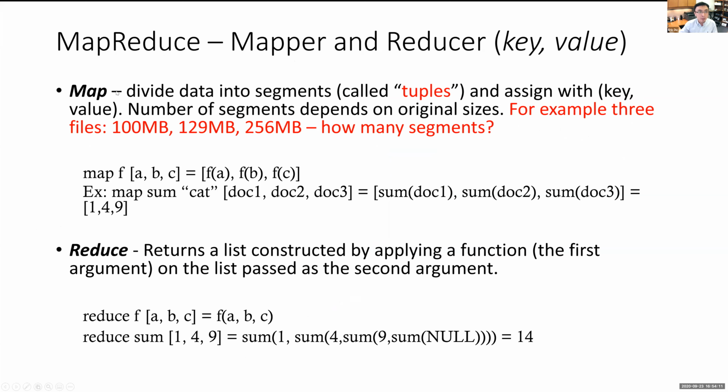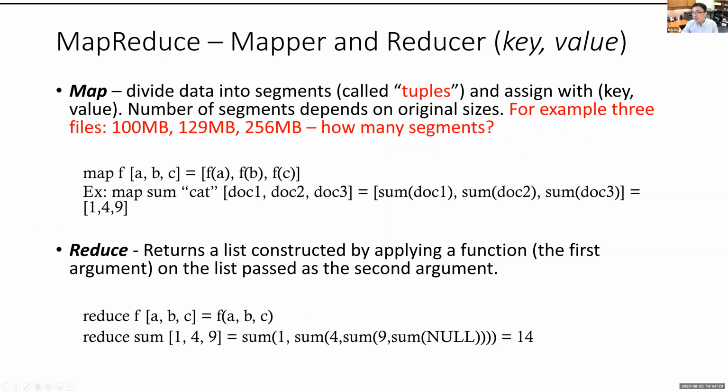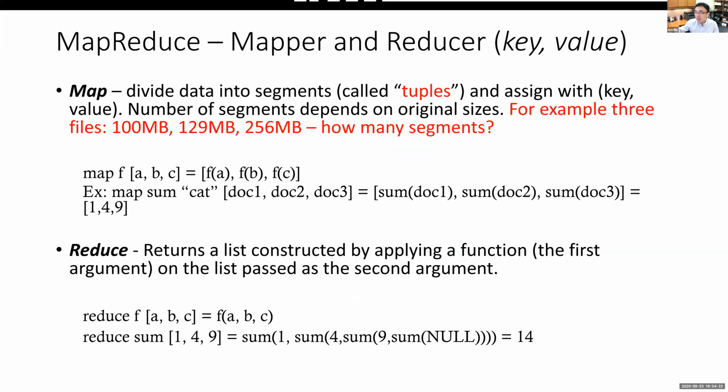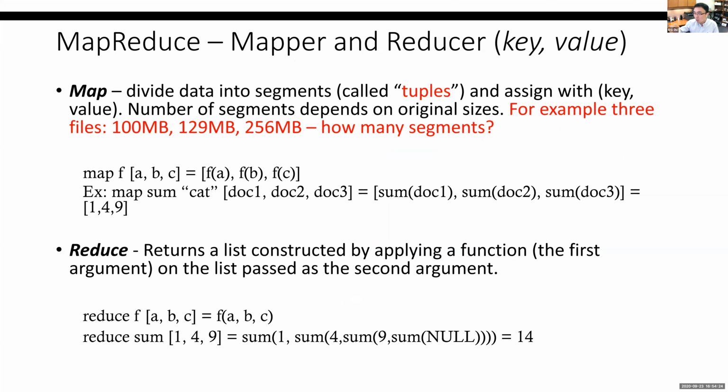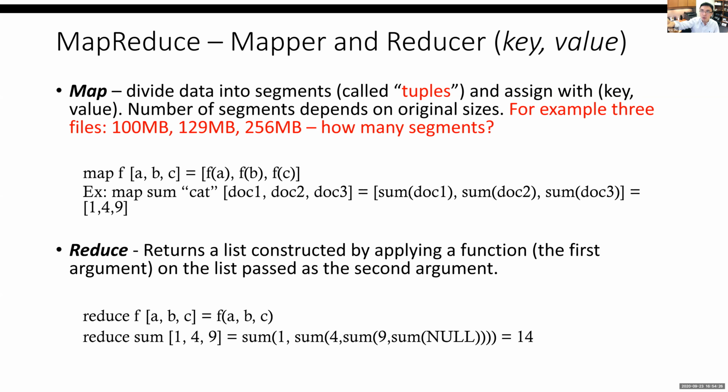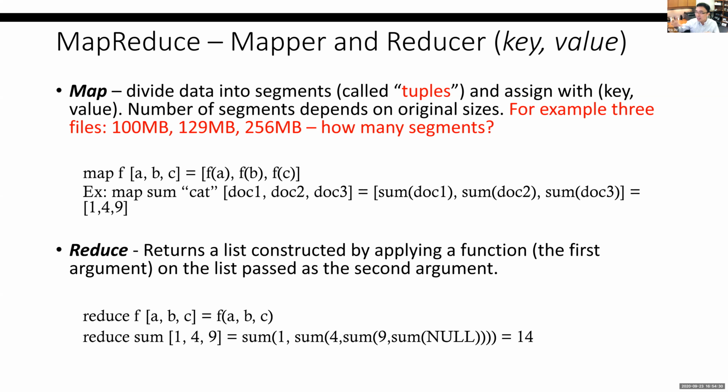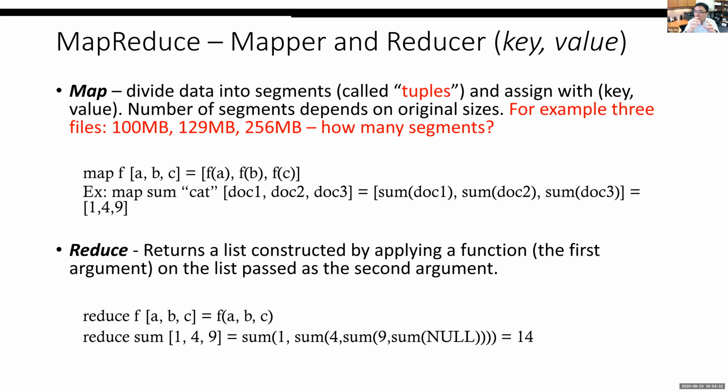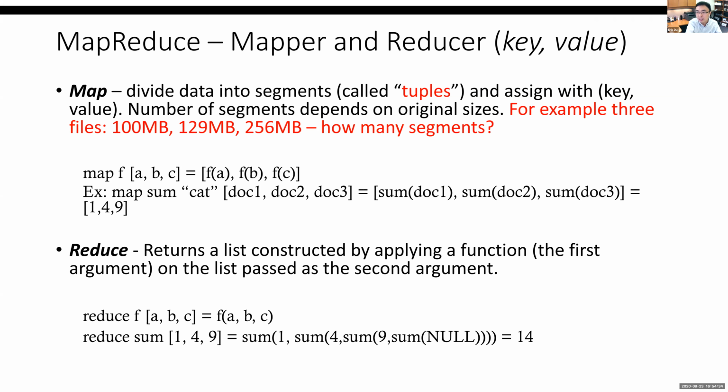Mapping means we divide data into segments, which we call tuples, and assign them a key and a value. Why do we need a key? When I assign Suyash, Wendy, and Rahib to gate 2, gate 3, gate 4, I need gate 2, gate 3, gate 4 as the key, so I know which number represents which gate, right? That's called the key.